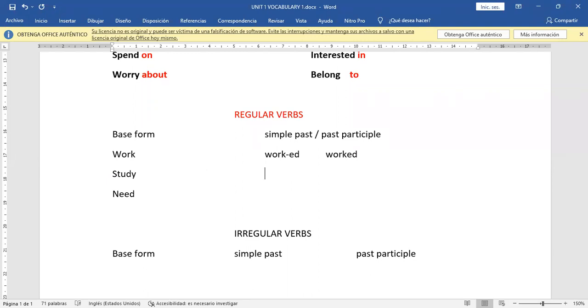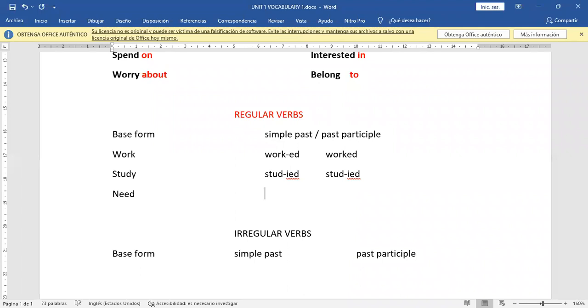Study maintains its form. Look at studied. The only difference is the ending. The base form is maintained. That's why it's regular. For the past participle as well, studied. Work, worked. Study, studied.